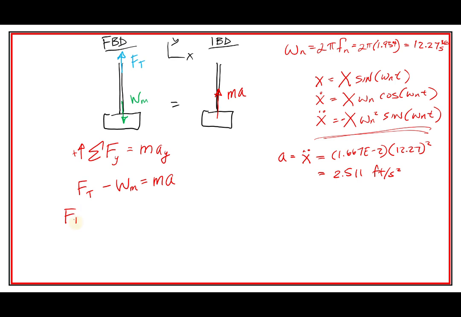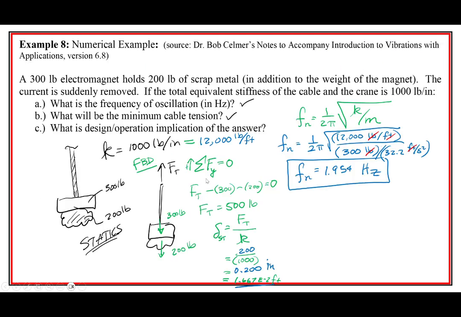So Ft is going to be equal to the weight of the magnet, 300 pounds, plus 300 divided by 32.2, because this mass needs to be in slugs, times the acceleration of 2.511, and you will get a total force of 323.4 pounds.